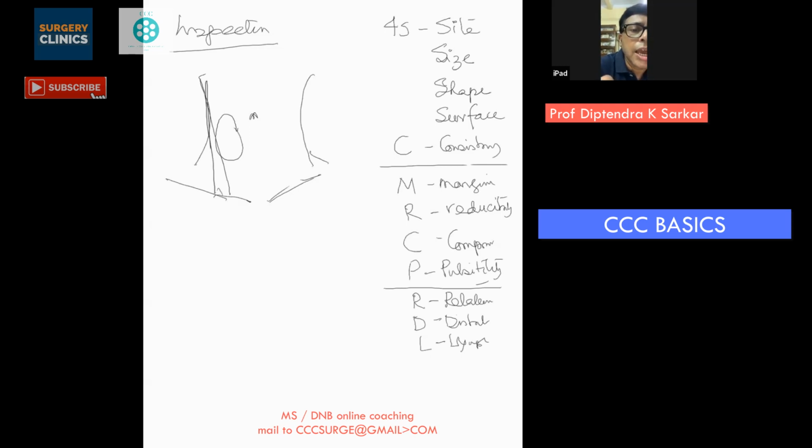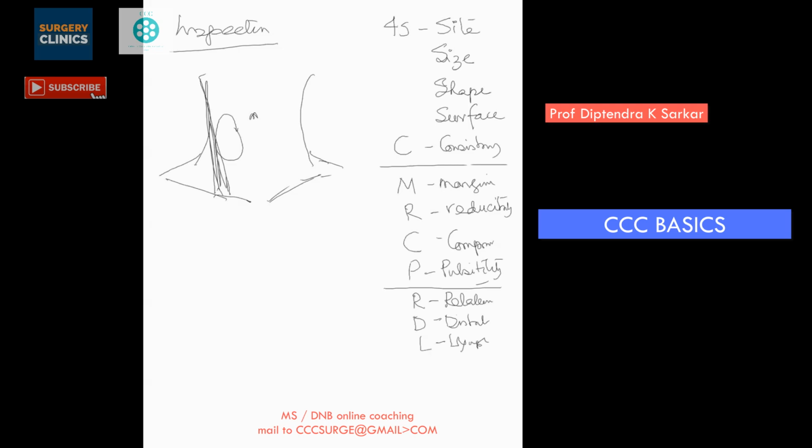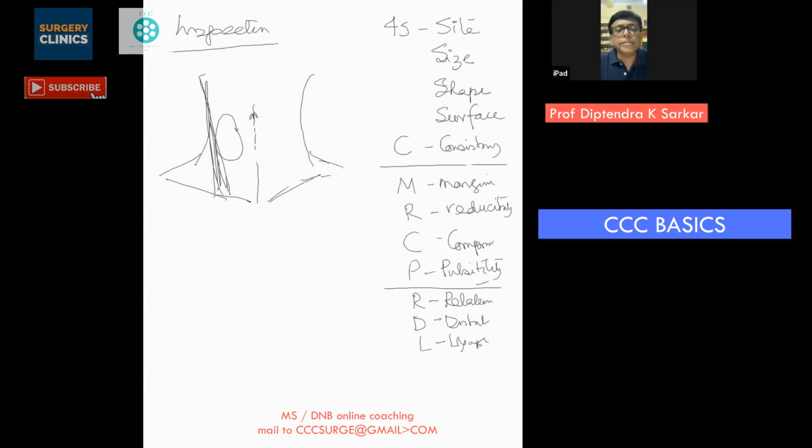Can anybody describe where this swelling is exactly located? Sir, just medial to the sternocleidomastoid and to the right side of the thyroid cartilage. Thyroid cartilage, that's fine. Anybody else who would like to add something to that?